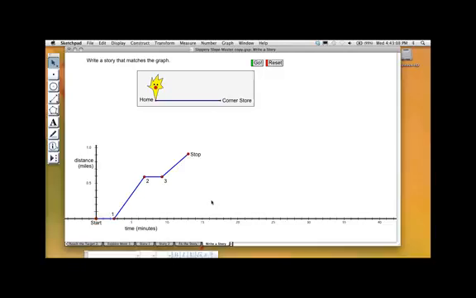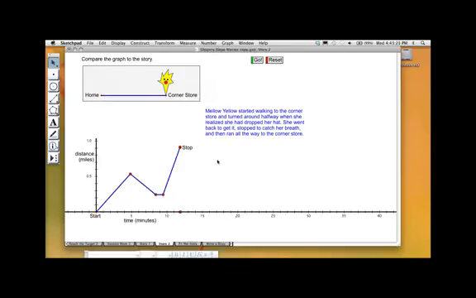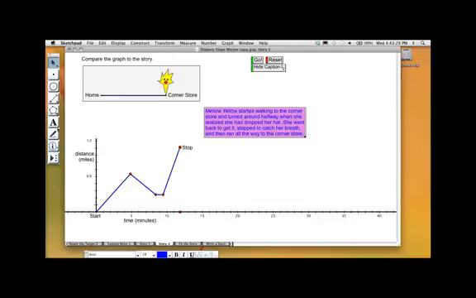I wrote in a note about the hide show button, that was the way you made the story come up. This one doesn't have a hide show button because there's no story written, but on a different page, it does. So if I want to hide a story, I'm on edit now, I can create an action button, and I can name this anything I want.